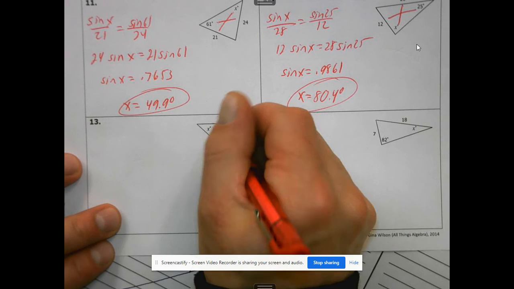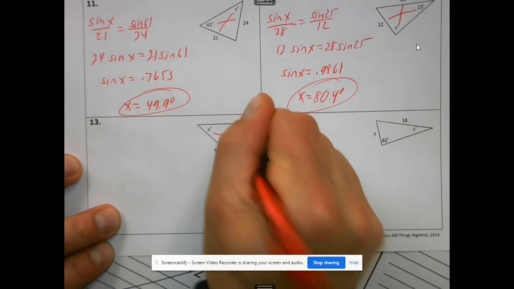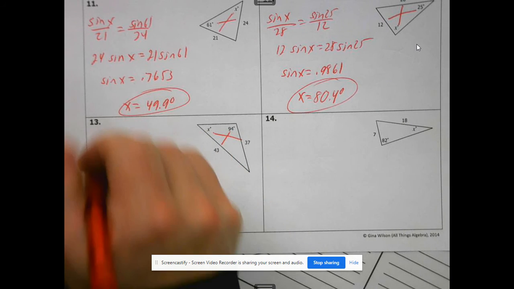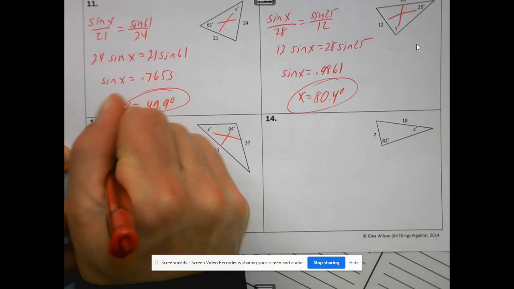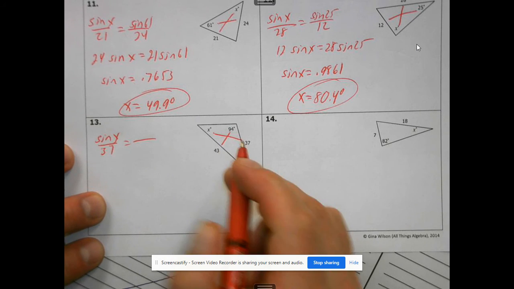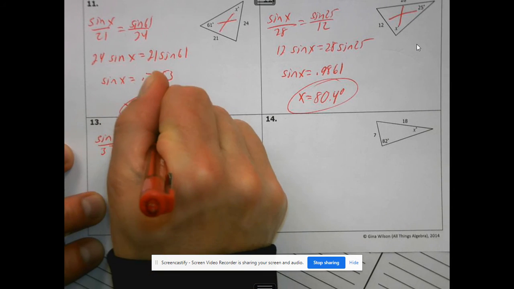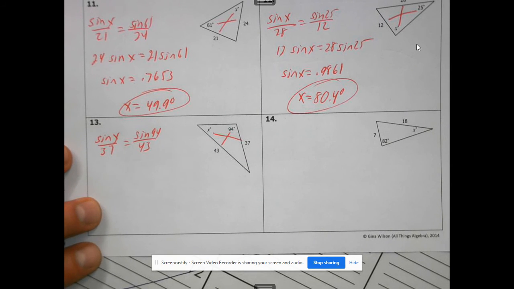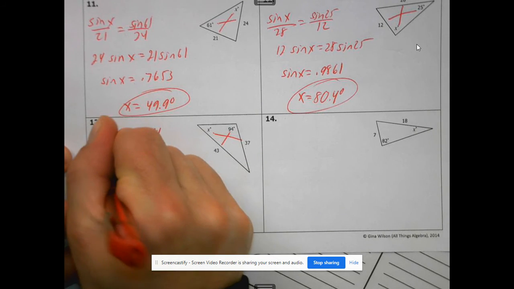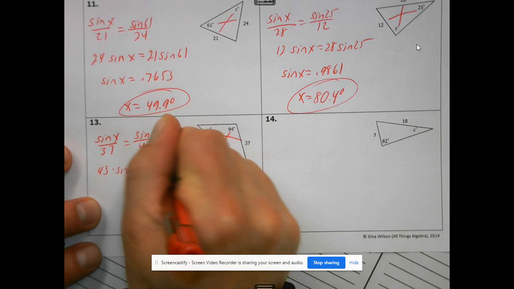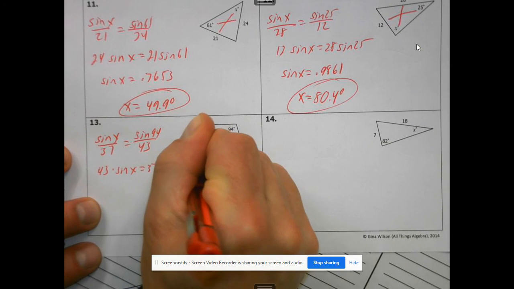Two more. 94 and 43, x and 37 go together. Sine of x over 37 equals sine 94 over 43. Cross multiply. 43 times sine x equals 37 times sine 94.